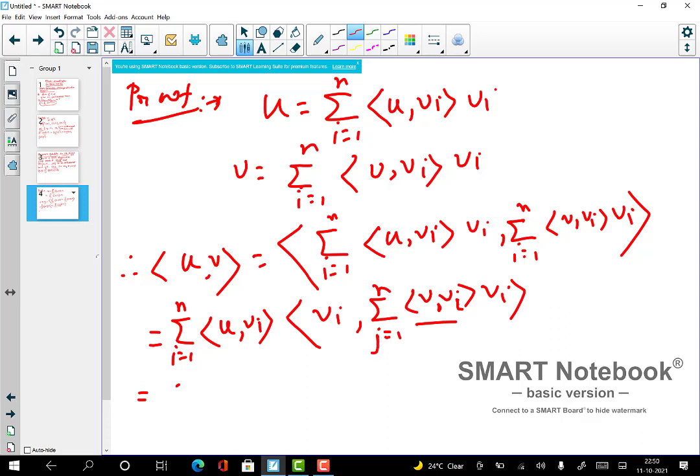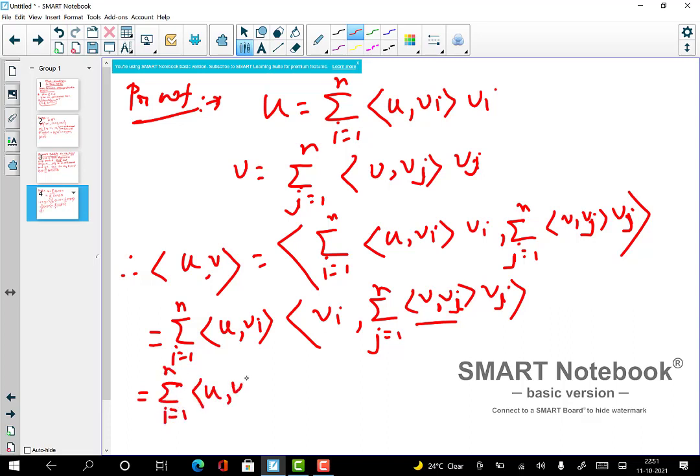Maybe from j, let me write j. This is a dummy variable. Otherwise, there are too many i's here. There is no problem because i and j are dummy variables. Okay, so this is j. Now write it as the sum i equal to 1 to n.